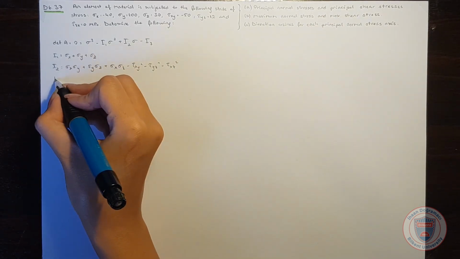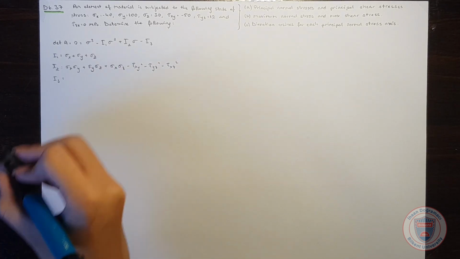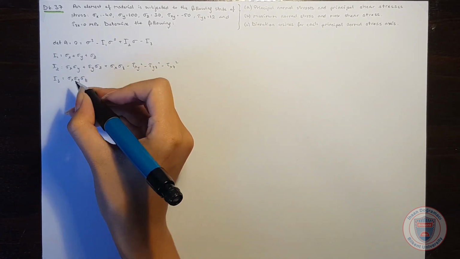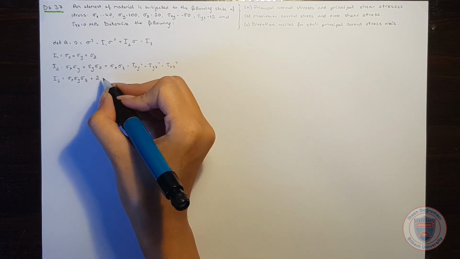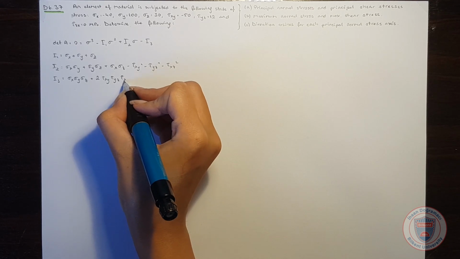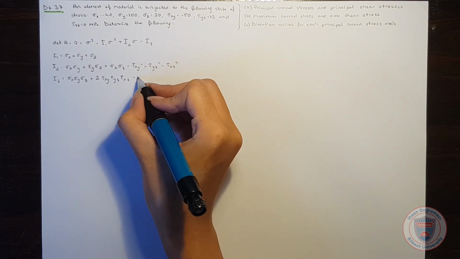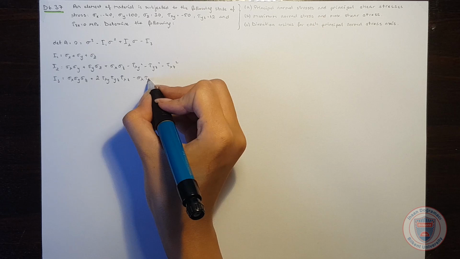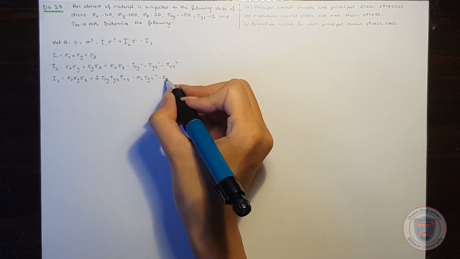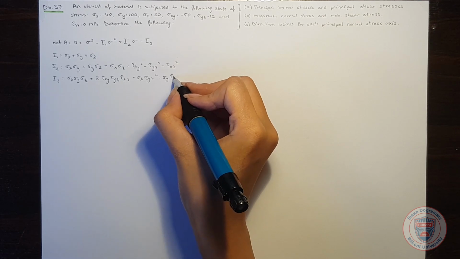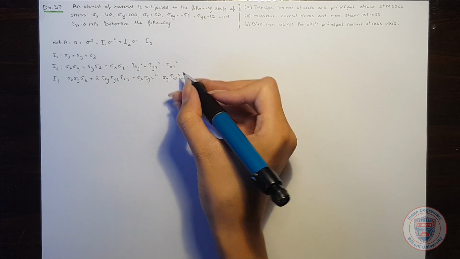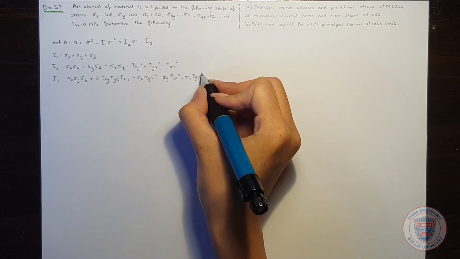And finally, I3 is equal to sigma x times sigma y times sigma z plus 2 times tau xy times tau yz times tau xz minus sigma x times tau yz square minus sigma y times tau zx square minus sigma z times tau yx square.